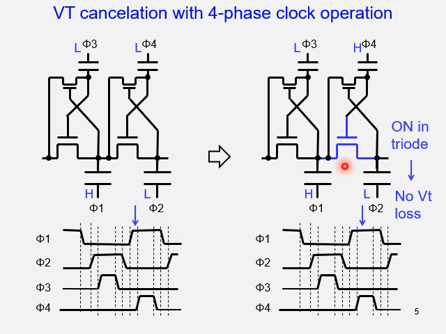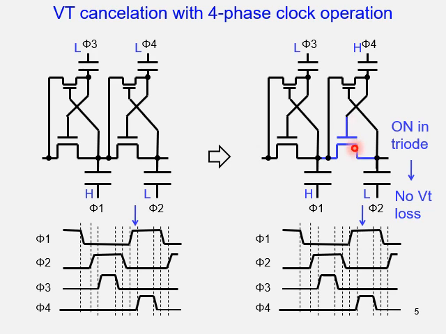Starting at this point here, each clock has this state. Then after that, at this point, the clock phi 4 goes high.